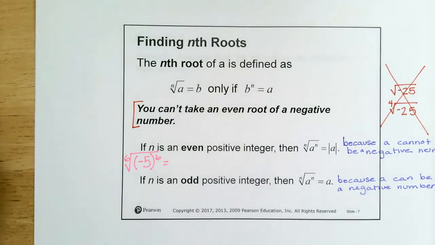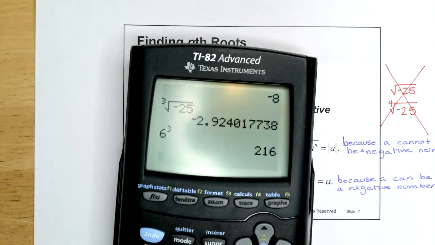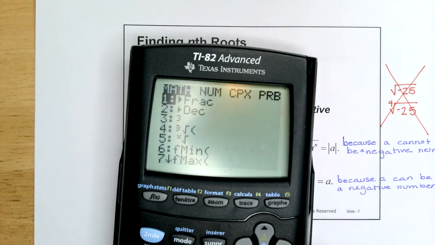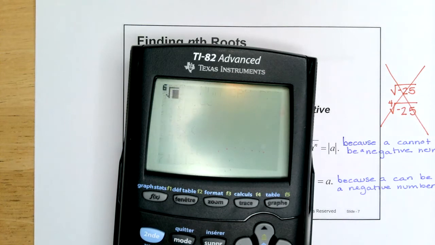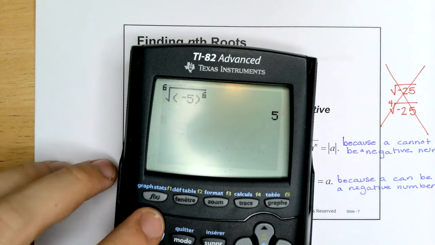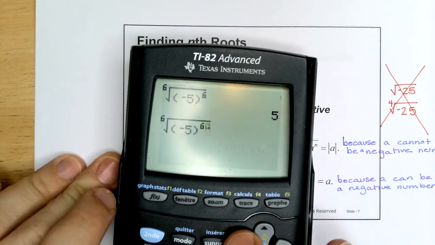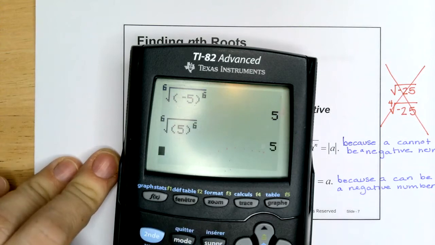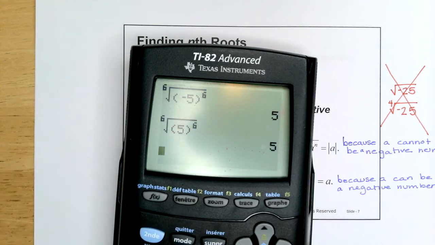First, let's just do the 6th root of -5 to the 6th. I get a positive 5. If I did the 6th root of positive 5 to the 6th, I'd also get 5.